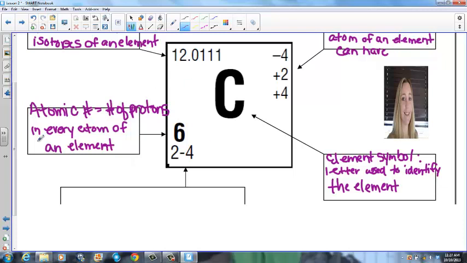Okay, if you have any questions about this, you can ask me in class, but this is the terminology, and this is what everything means in each symbol box on the periodic table.